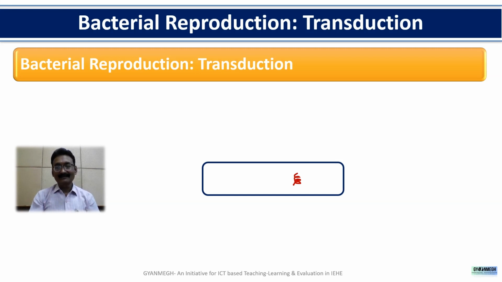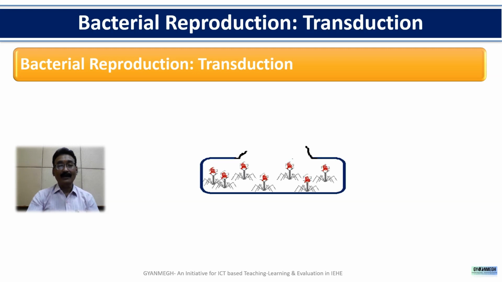Inside the bacterial cell, the phage genome is replicated and new viral particles, that is the phage offspring, are assembled. This replication of phage DNA is done with the help of bacterial enzymes. This is an important step in the phage life cycle and it ultimately leads to the release of phage particles.